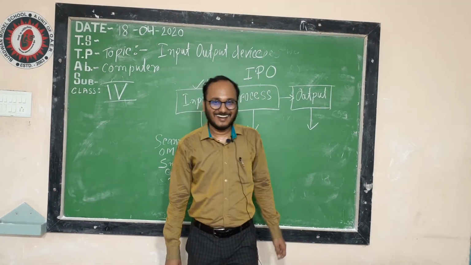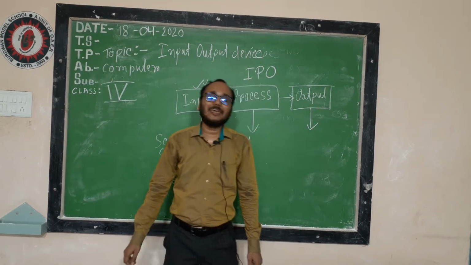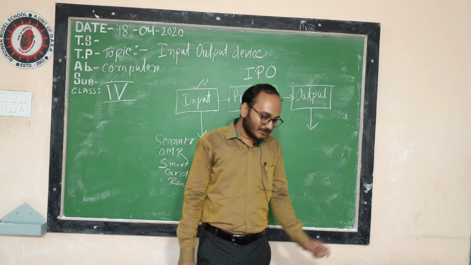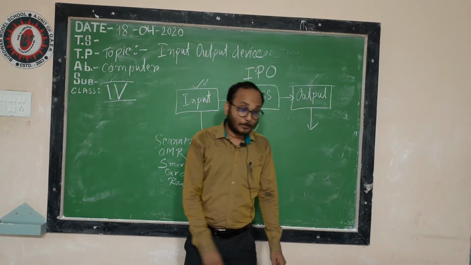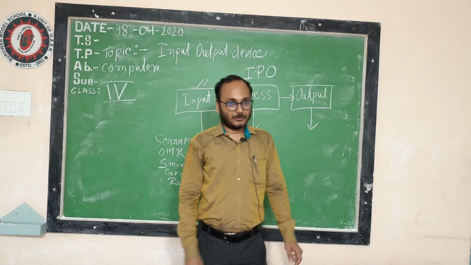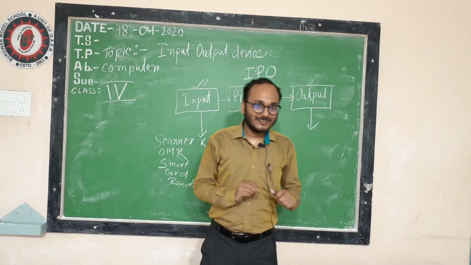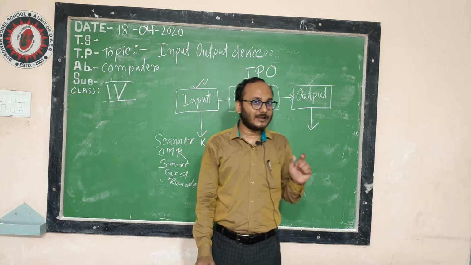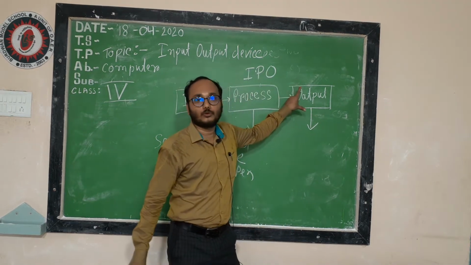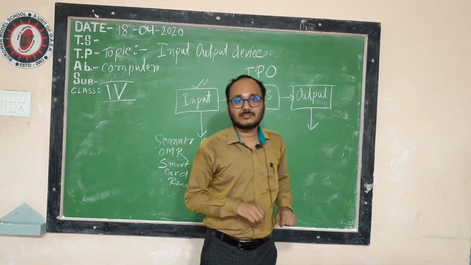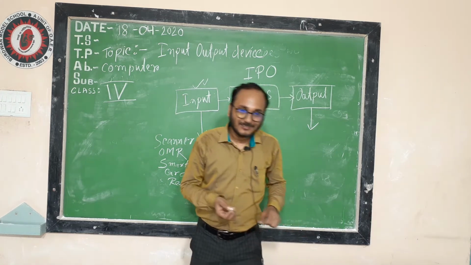So the next one, speaker. Speaker, that is also an output device. Printer. Using printer we can print anything. So printer is also an output device. Output device shows the output of a particular task. Monitor, printer, speaker.